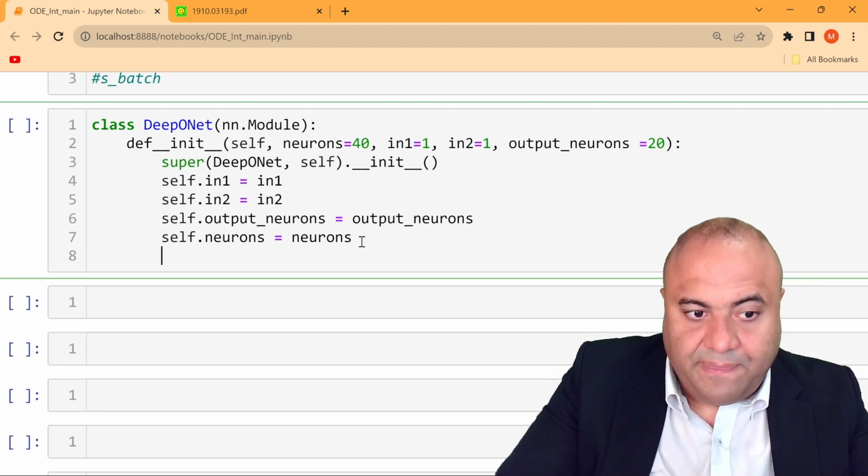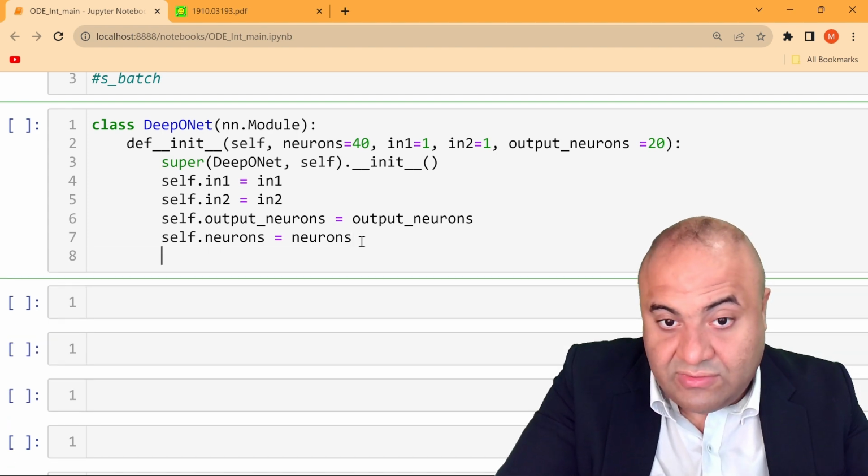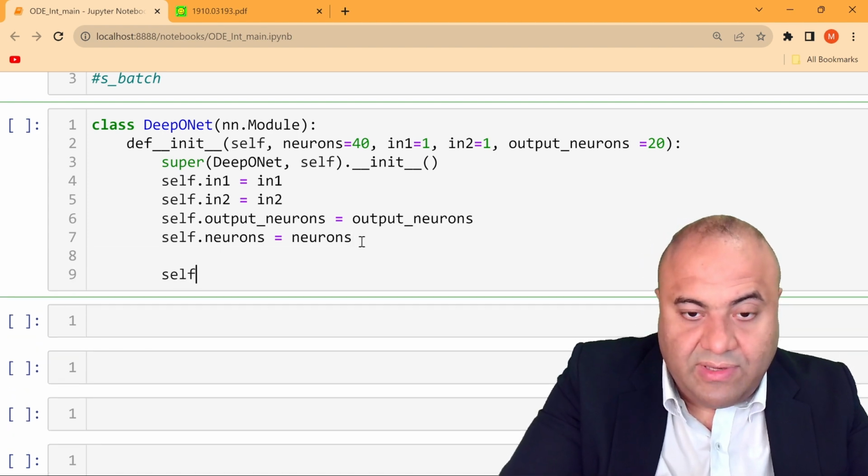Yeah, now after that we need two networks. So these are the values we have to initialize, and we have to initialize another two networks.